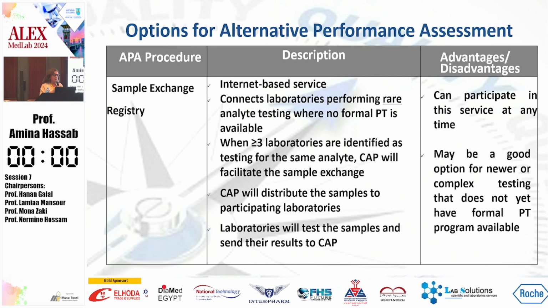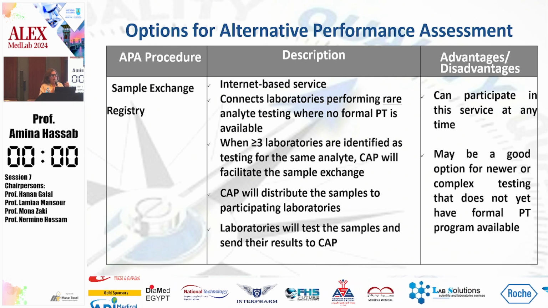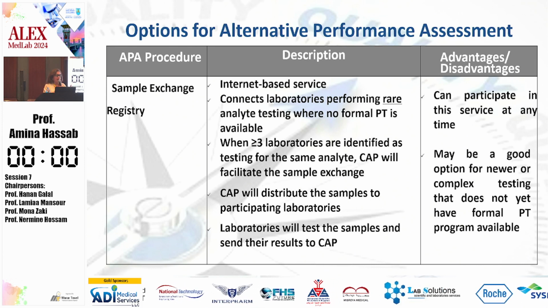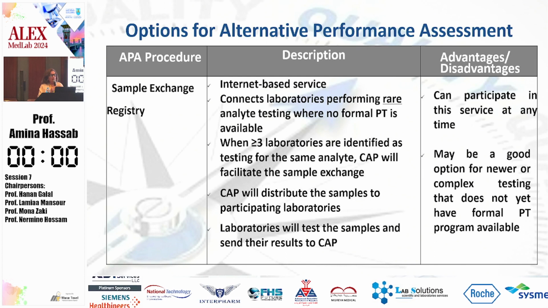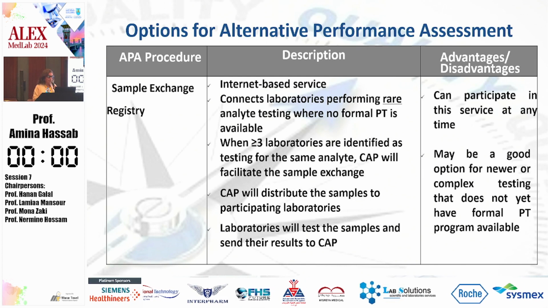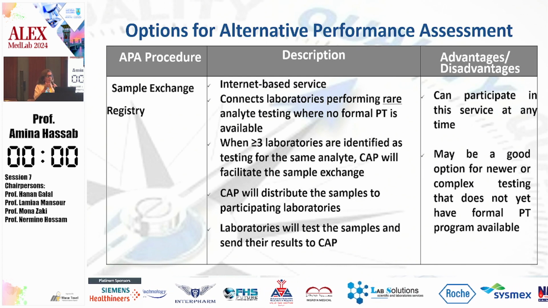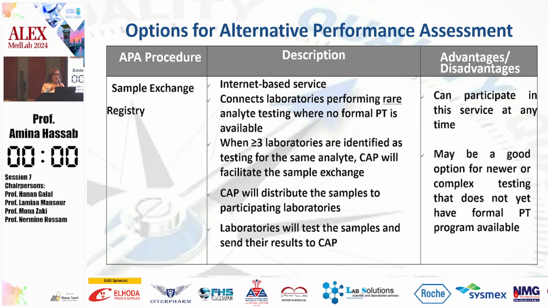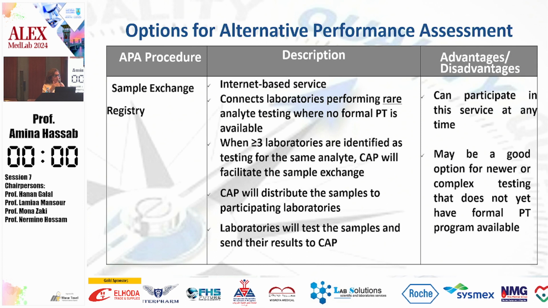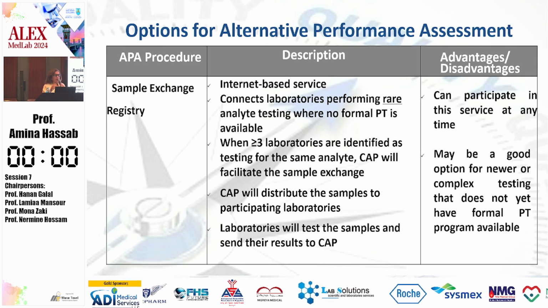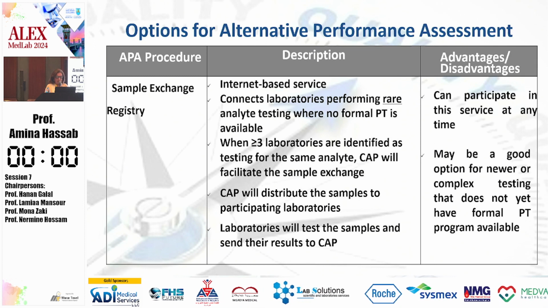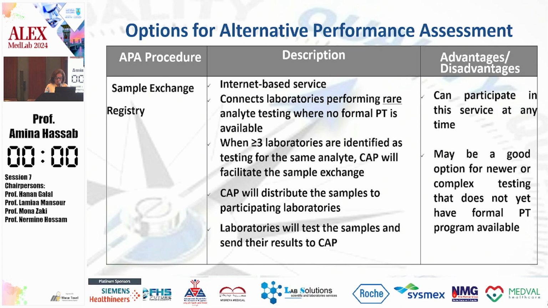Then CAP can arrange the collection of samples, for example for immunohistochemistry and hematology, and send them to a group of labs, and send the results to each lab anonymously together with the result of the lab. This is one way of comparing results with different labs.